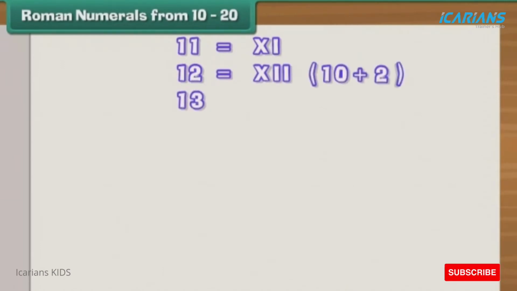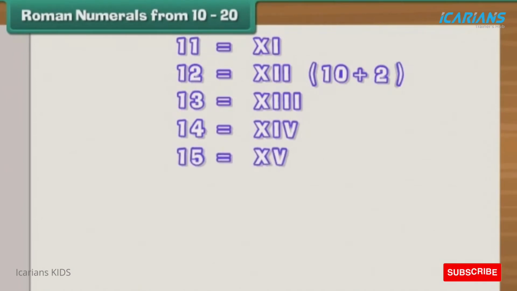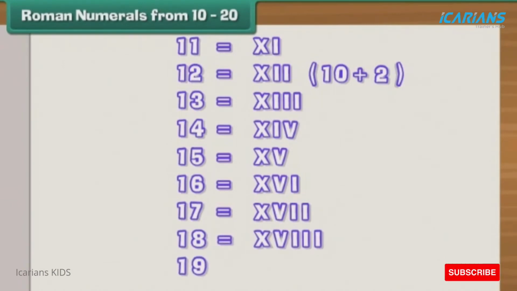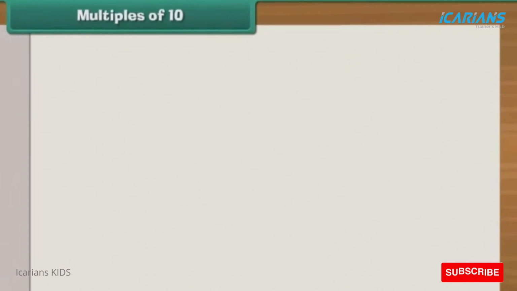Similarly, 13 is written as XIII. 14 is X and IV. 15 is X and V. 16 is X and VI. 17 is X and VII. 18 is X and VIII. 19 is X and IX. And 20 is X and X.